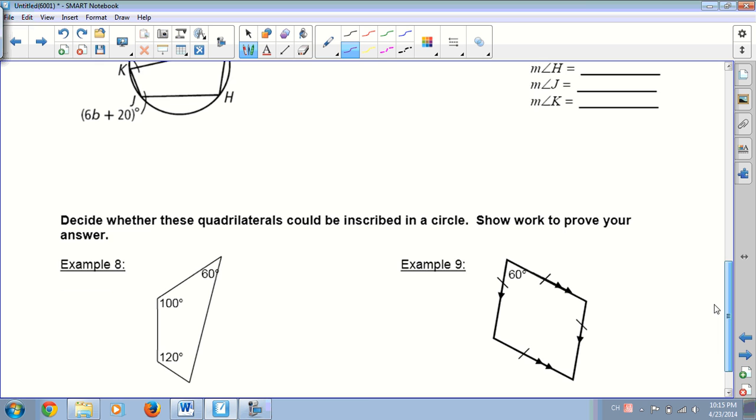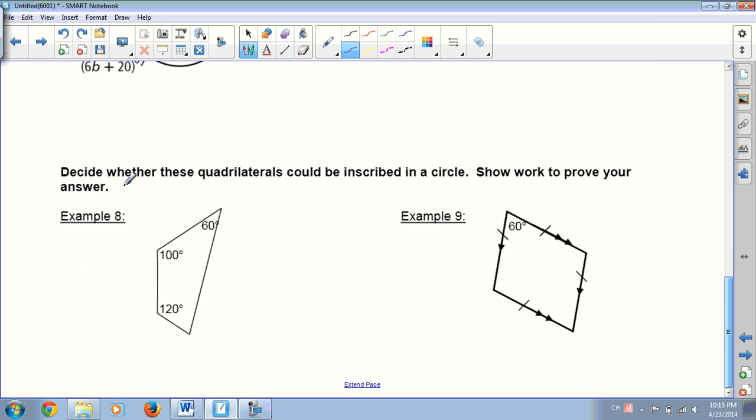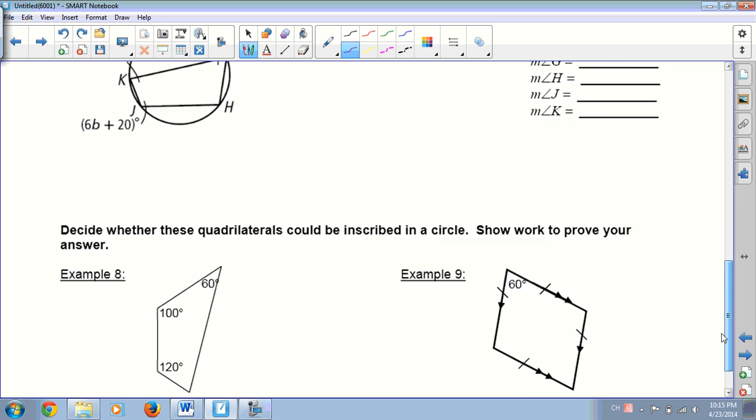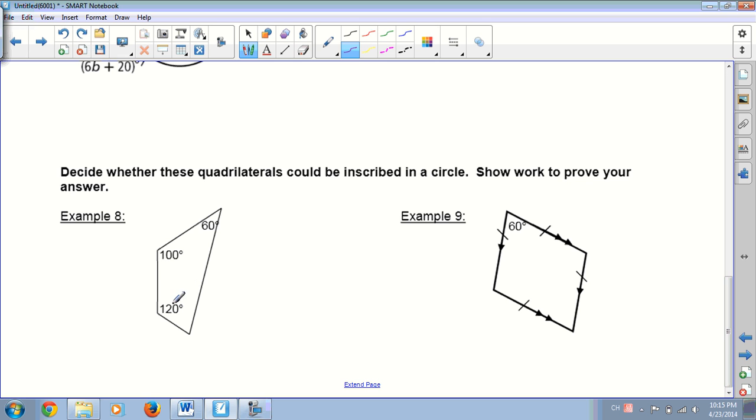So let's go ahead and look at example 8 and 9. Decide whether these quadrilaterals could be inscribed in a circle. Show work to prove your answer. Well, we know that quadrilaterals can only be inscribed in a circle if their opposite angles are supplementary. So let's look at these opposite angles. Well, the opposite angles here are 120 and 60.